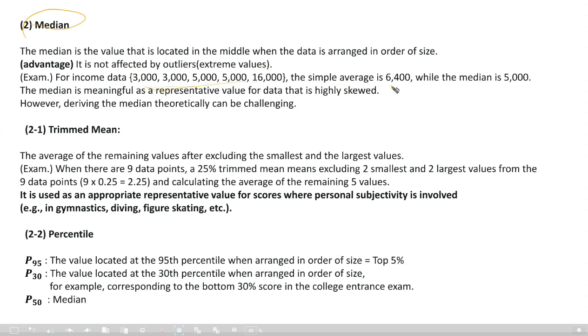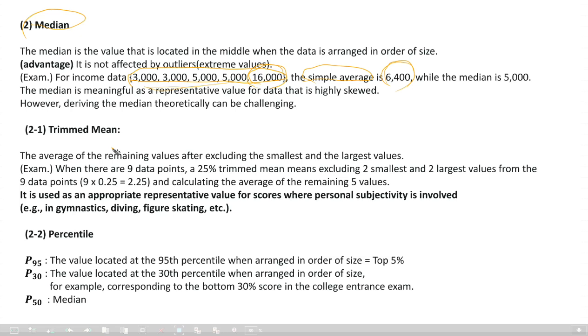The simple average is 6,400. The simple average is affected by this extreme, big value. That's why it's 6,400, while the median is what? 5,000.